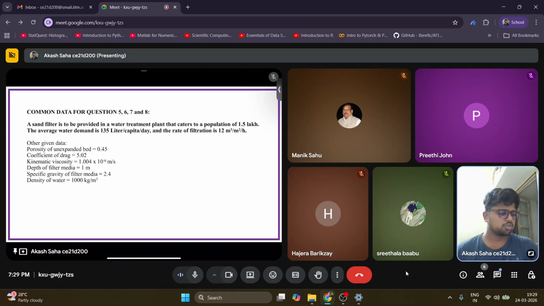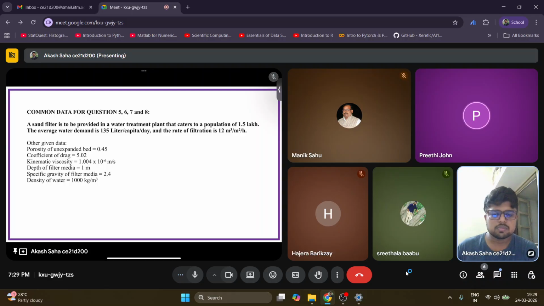I will show the data again. Please calculate the settling velocity. It's a one line answer. The diameter of the particle was 0.65 mm. So how will you calculate the settling velocity?